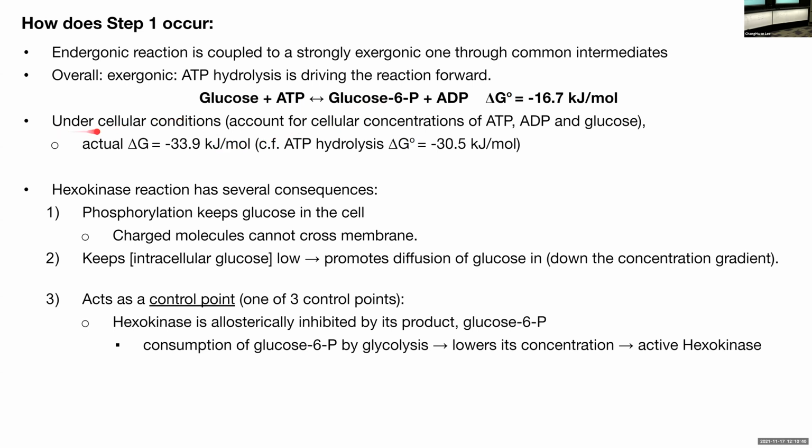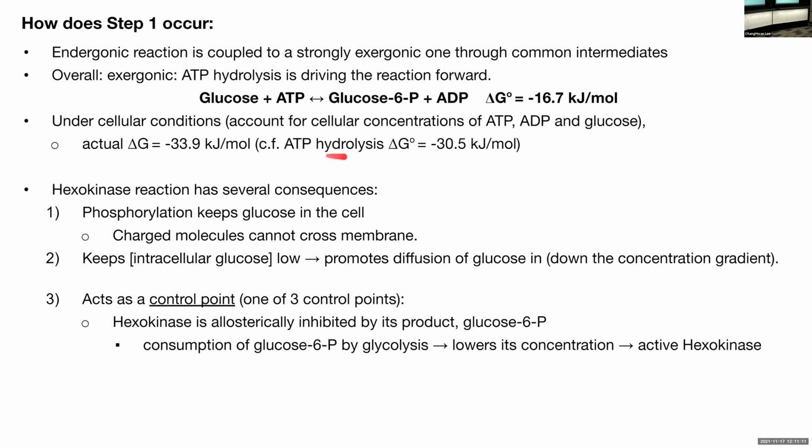Under cellular conditions, where the concentrations of ATP, ADP and glucose are different from 1 molar, you can plug in the actual numbers to get the actual delta G, which is different from delta G naught, and that's even more spontaneous, with a more negative free energy, meaning it's more likely to go forward.